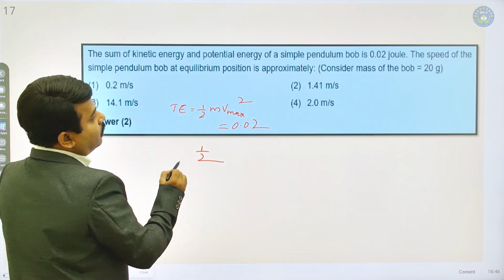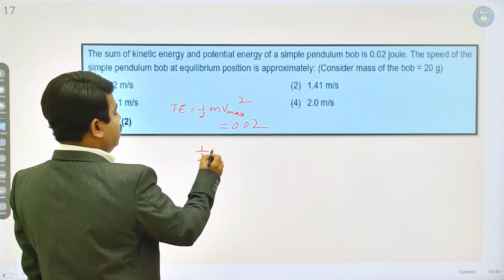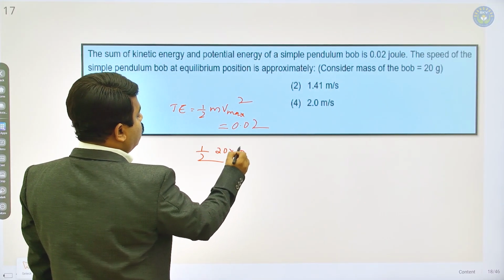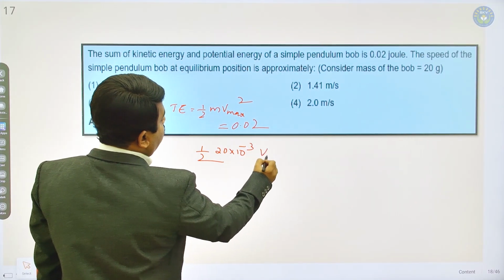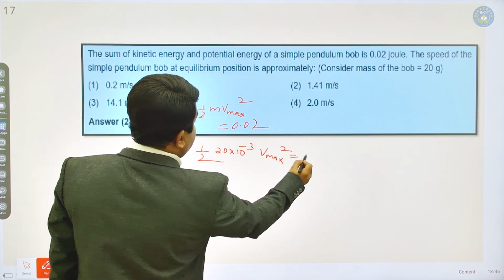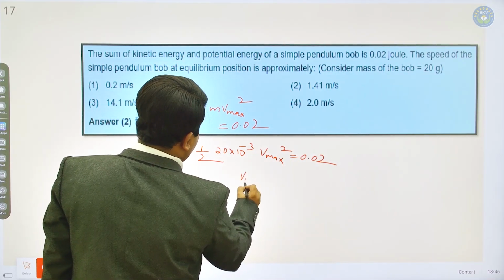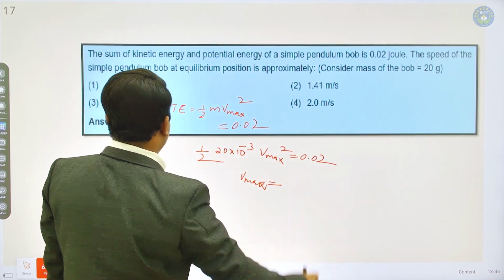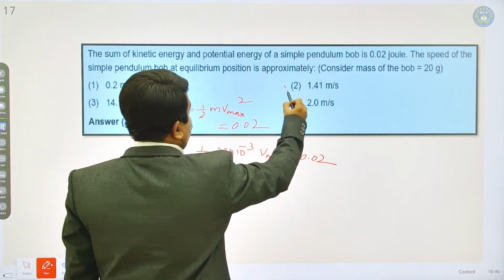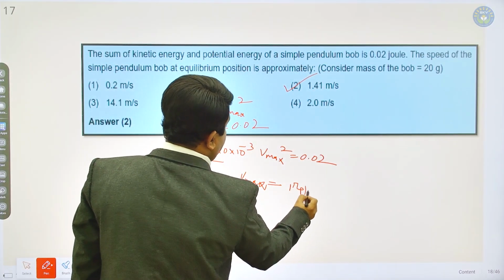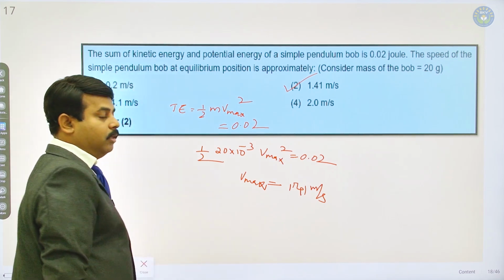Mass they have given is 20 gram, right? Then 20 into 10 raised to minus 3 into V maximum square is equal to 0.02. Now you can solve for V maximum, that is option 2, 1.41 meter per second, right?